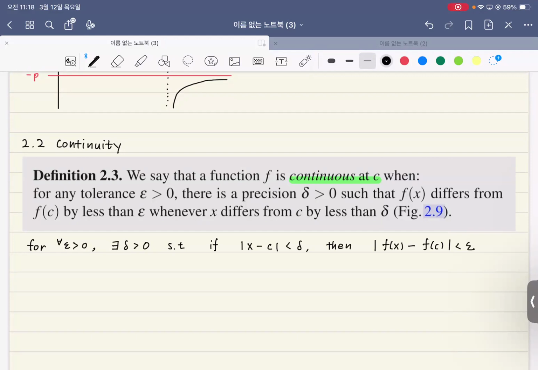So in other words, for all x in the open interval from c minus delta to c plus delta, f of x is in the interval from f of c minus epsilon to f of c plus epsilon. Okay.